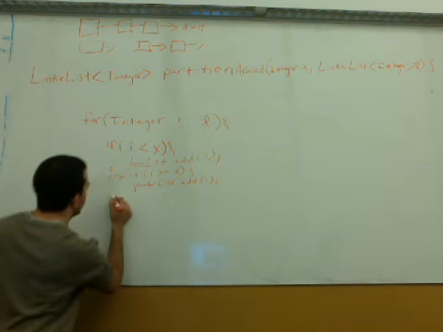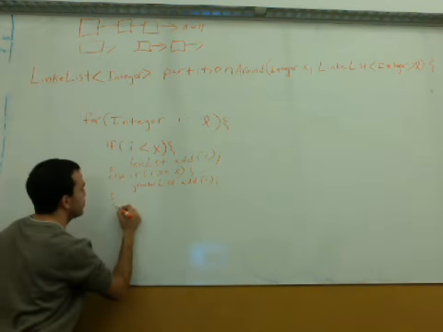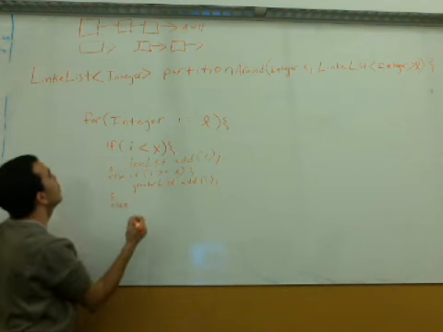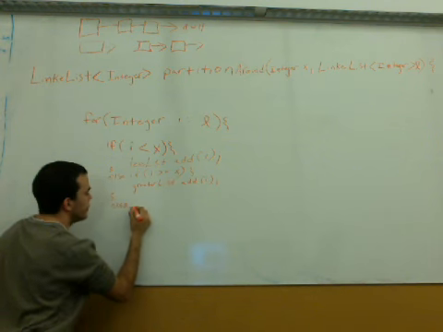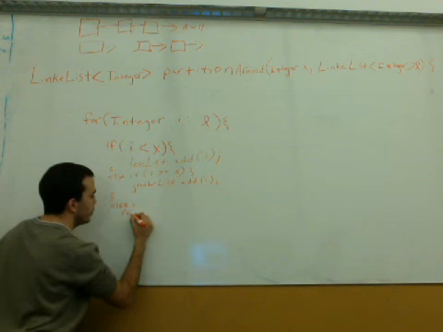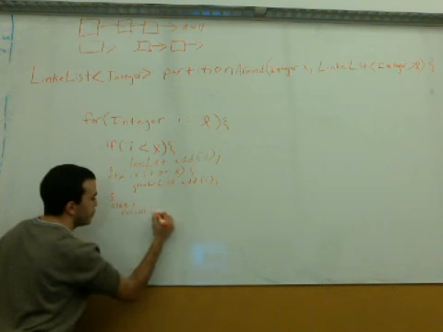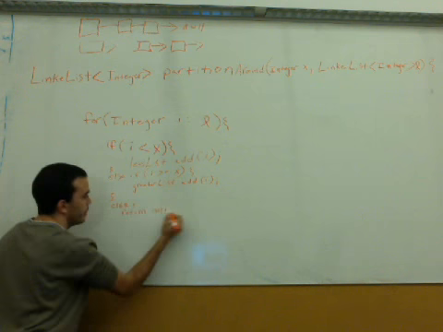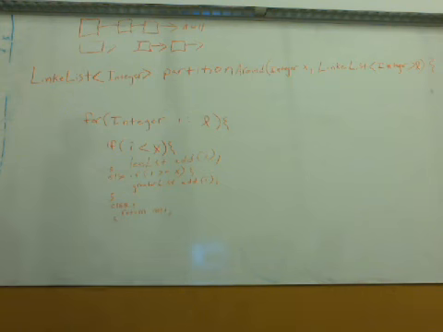Otherwise, else, whoops, return null. We shouldn't be here, so that's why we say return null. Or we could throw some kind of an error, but for simplicity's sake, just return null.